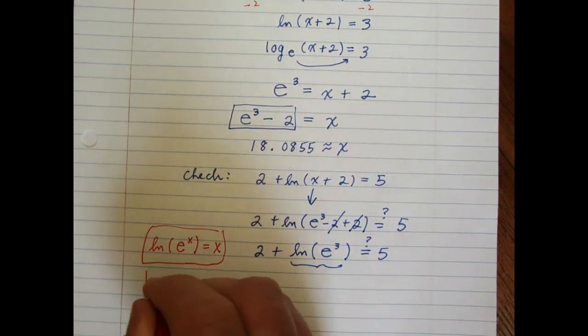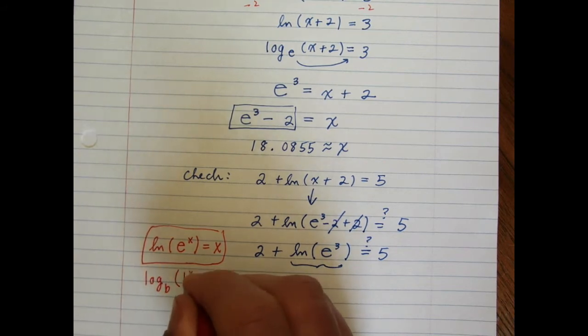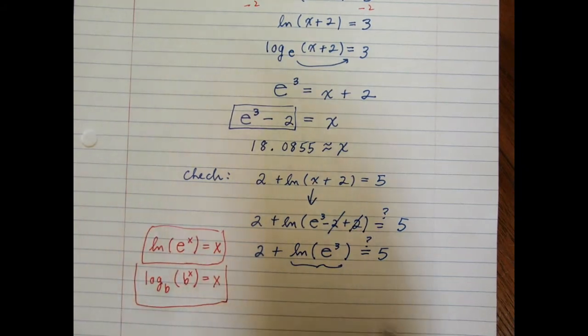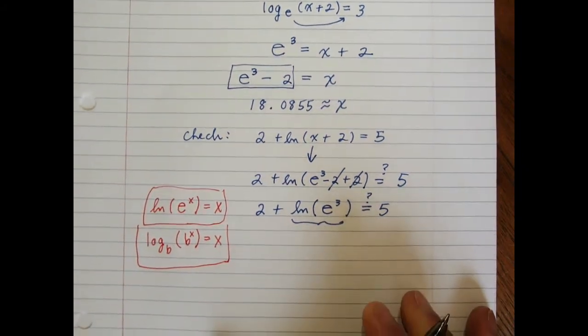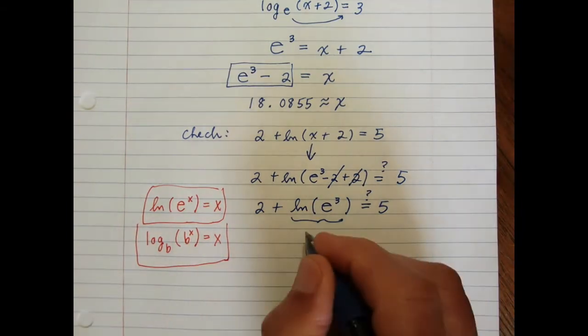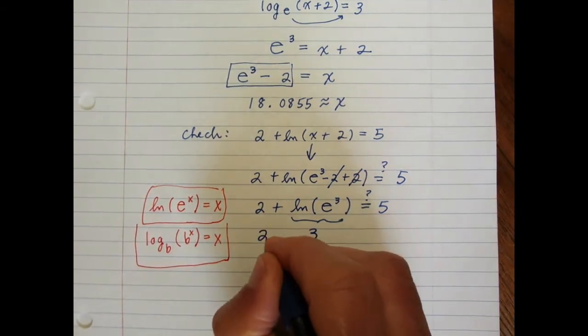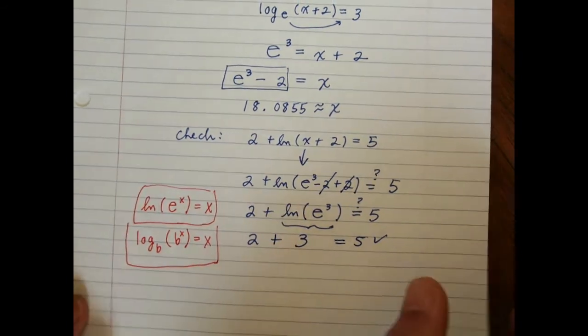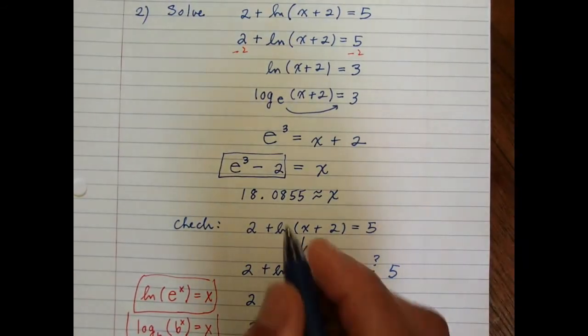That's an illustration of the more general property: log base b of b to the x is always x. That's true because log and exponentials are inverse functions. Here ln and e to the x are inverse functions. So this is 3. 2 plus 3 equals 5. It checks out. So again, my answer was fine.